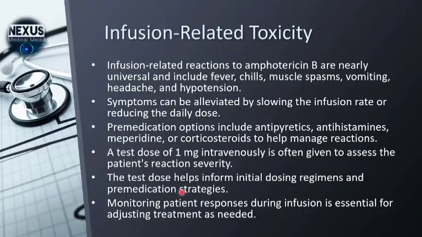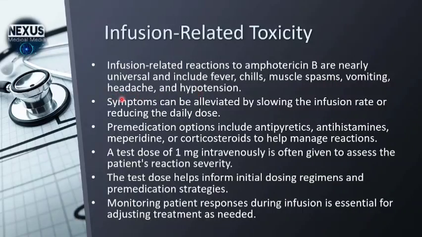Side effects of amphotericin B can be grouped into two groups. There is infusion-related toxicity and the cumulative effect, right? So on infusion, infusion-related reactions to amphotericin B are nearly universal, and these will include fever, chills, muscle spasms, vomiting, headache, and hypotension.